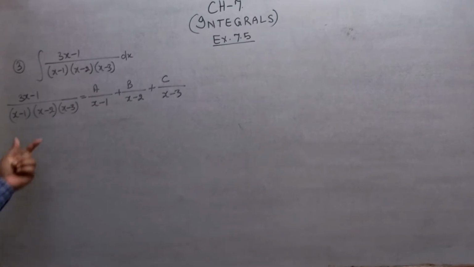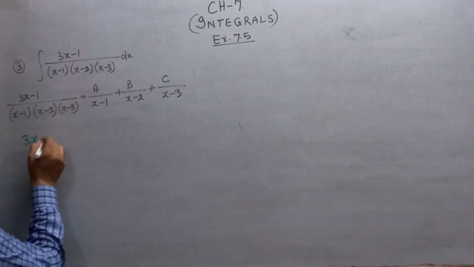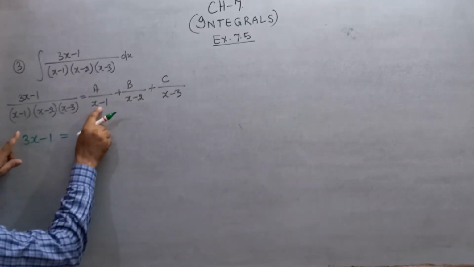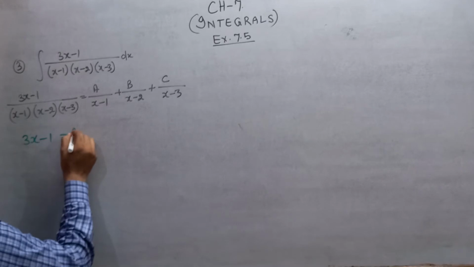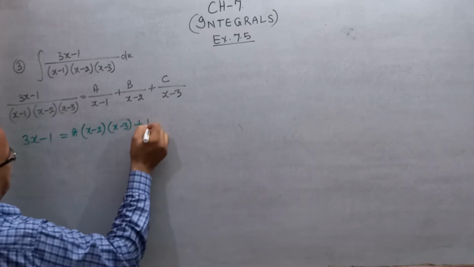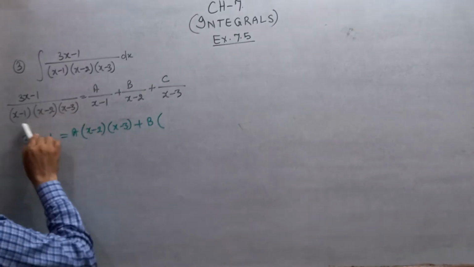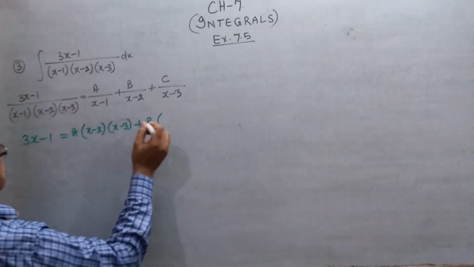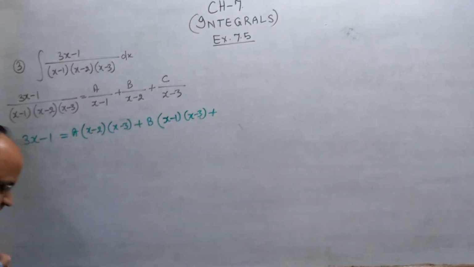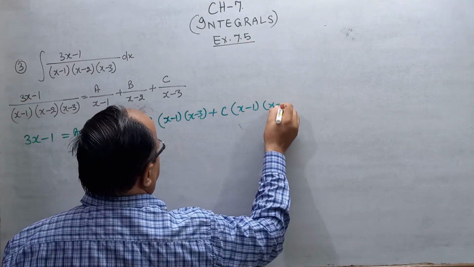Now multiplying both sides with this quantity, 3x minus 1. When you multiply this quantity by this quantity, then x minus 1 cancels. So a into x minus 2 and x minus 3, plus b, when you multiply this quantity with this denominator, then x minus 2 cancels. x minus 1 and x minus 3, plus c into x minus 1, x minus 2.